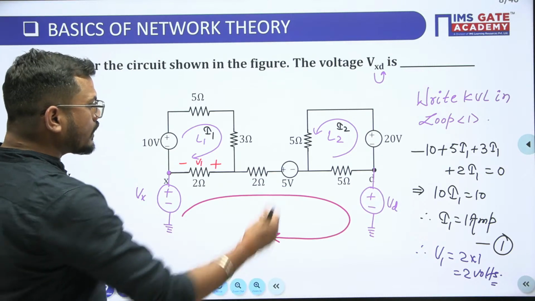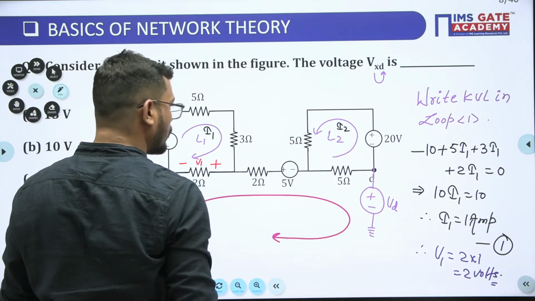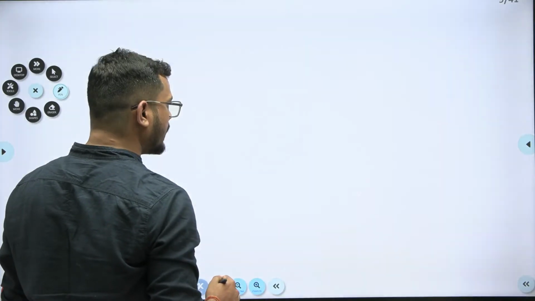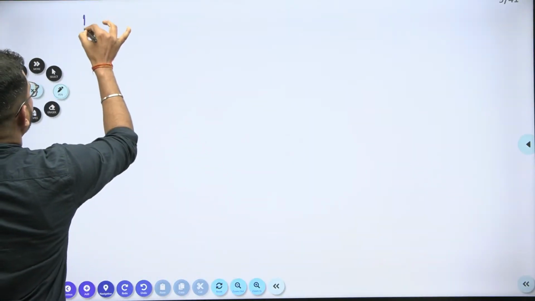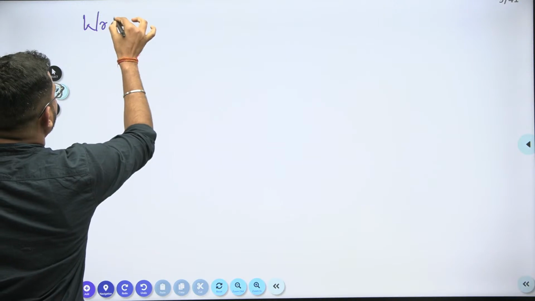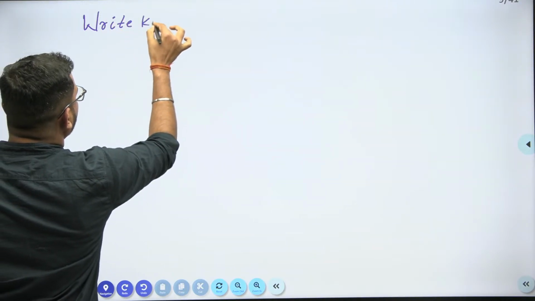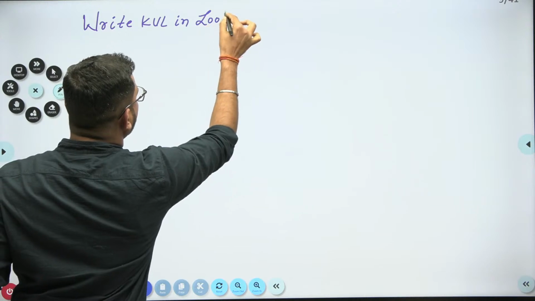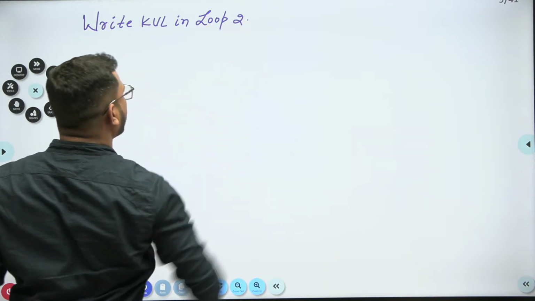So what is I2, guys? I'm adding one page here. Write KVL in loop 2, or you can write mesh 2.